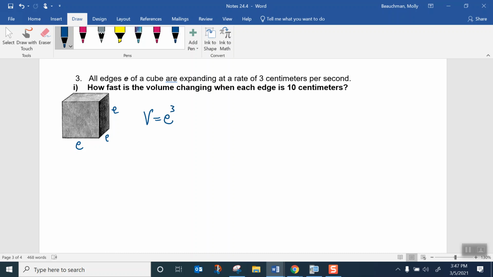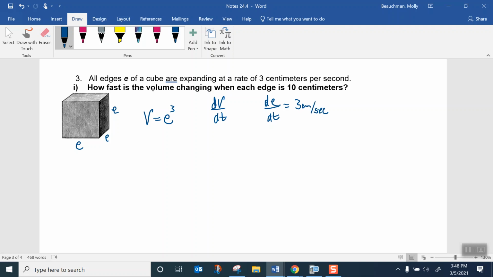Okay. All right, so it says the edges, so our two rates are going to be dV dt. The volume of the cube is growing at a certain rate, and dE dt. The edges are growing at a certain rate. We're given that the edges are expanding at a rate of 3 centimeters per second.